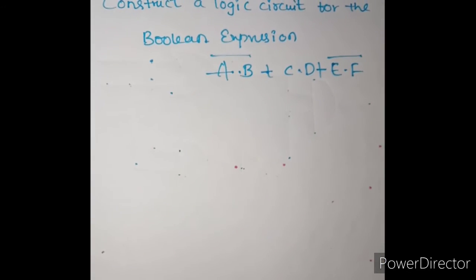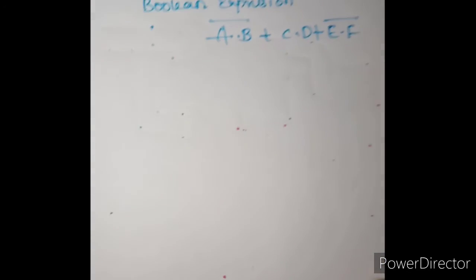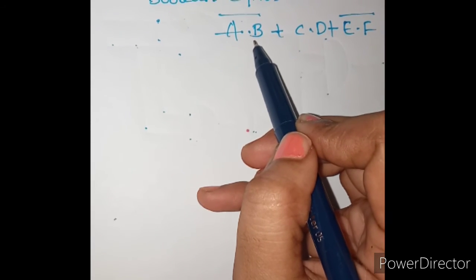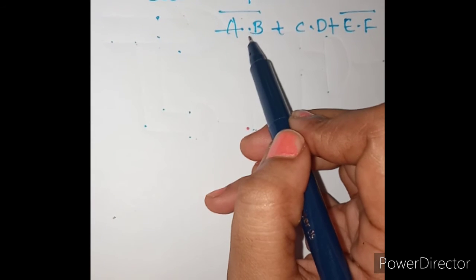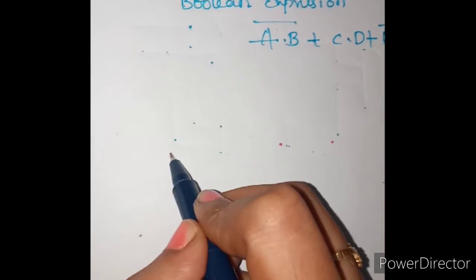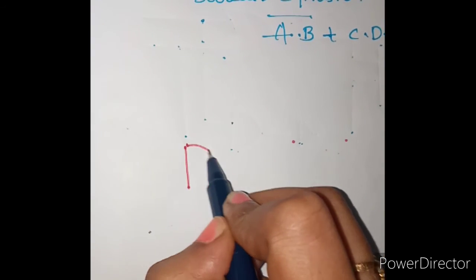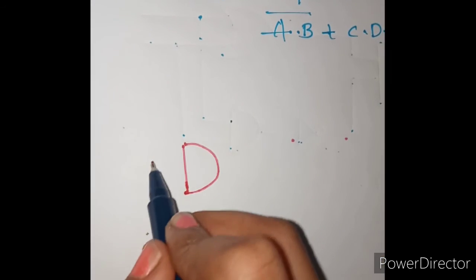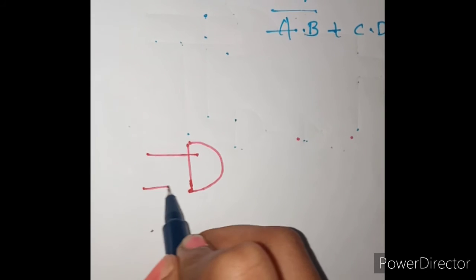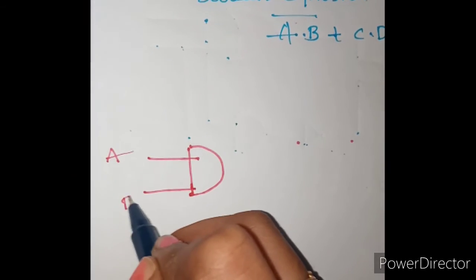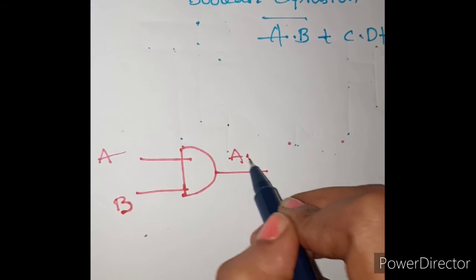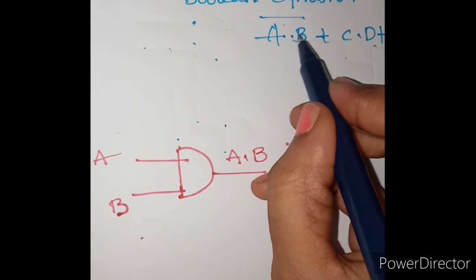See here, first a dot b is nothing but an AND gate, so I can write first an AND gate. A dot b, we have two inputs, that means a and b. This is a dot b. A dot b is completed.